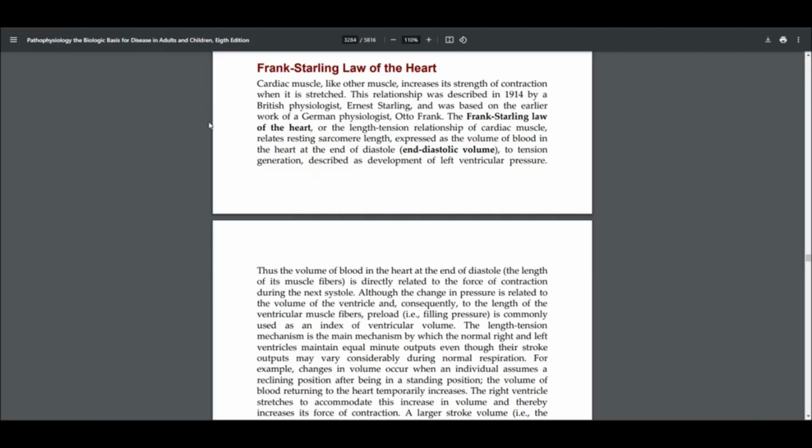This relationship was described in 1914 by British physiologist Ernest Starling and was based on the earlier work of a German physiologist, Otto Frank. The Frank-Starling law of the heart, or the length-tension relationship of cardiac muscle, relates resting sarcomere length, expressed as the volume of the blood in the heart at the end of diastole, or end diastolic volume, to tension generation, described as development of left ventricular pressure.